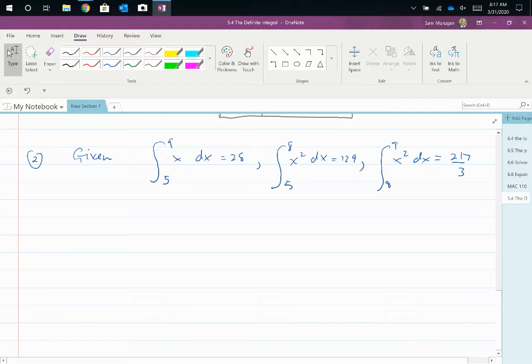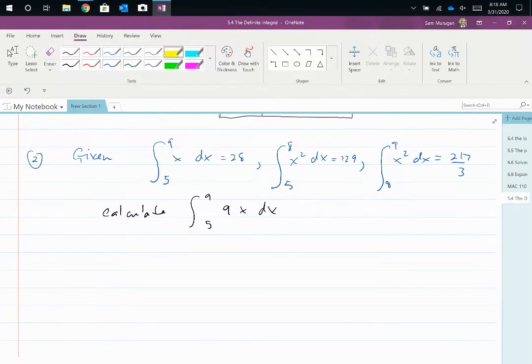This is some information that we're given, and we're asked to calculate the integral from 9 to 5 of 9x dx.